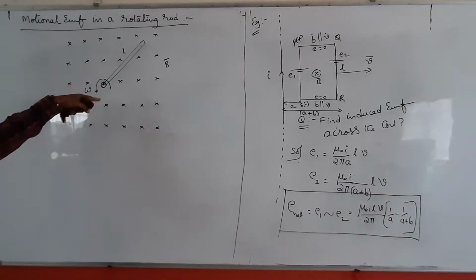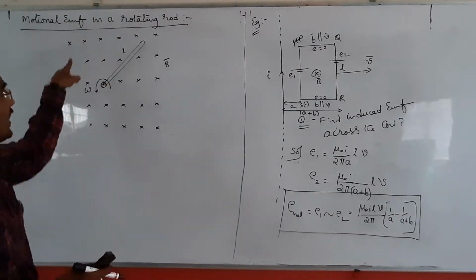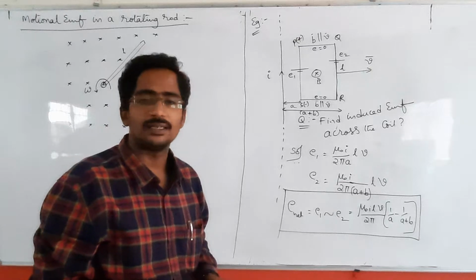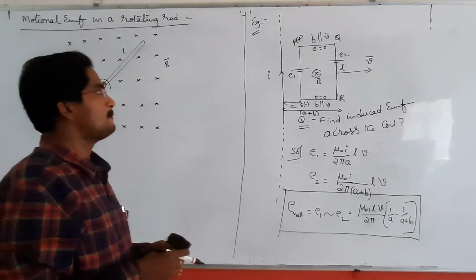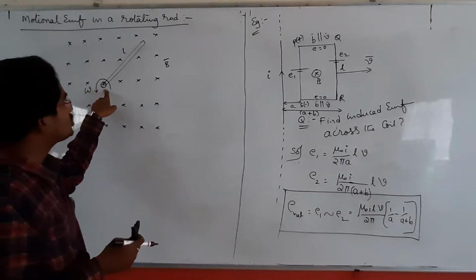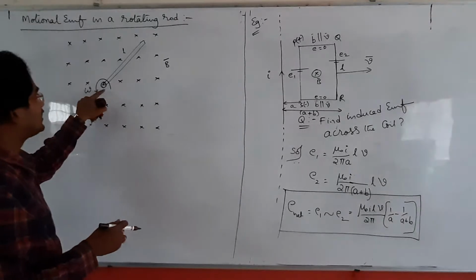With the angular velocity omega, it is rotating in anti-clockwise direction, rotating about one of its ends. Okay. Now, what is the induced EMF across this hinge and end? Across the hinge and end.